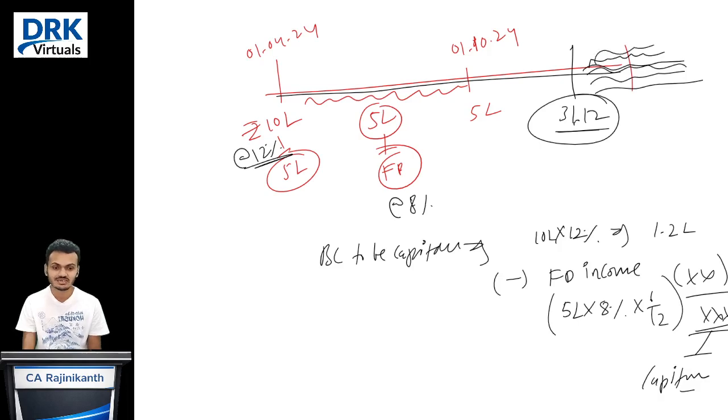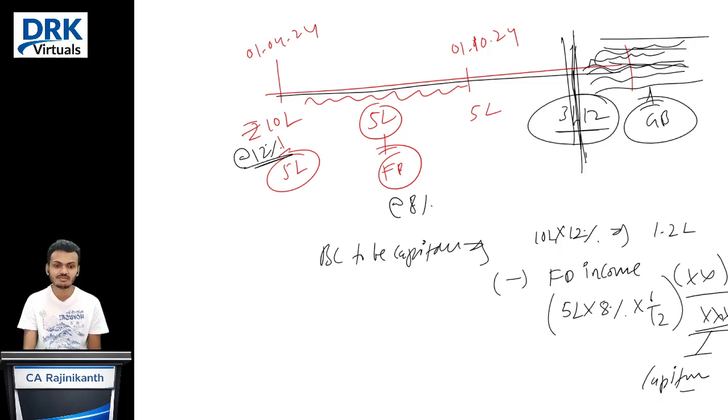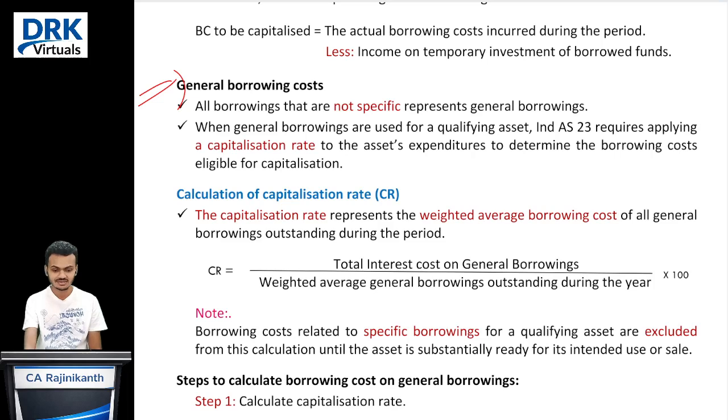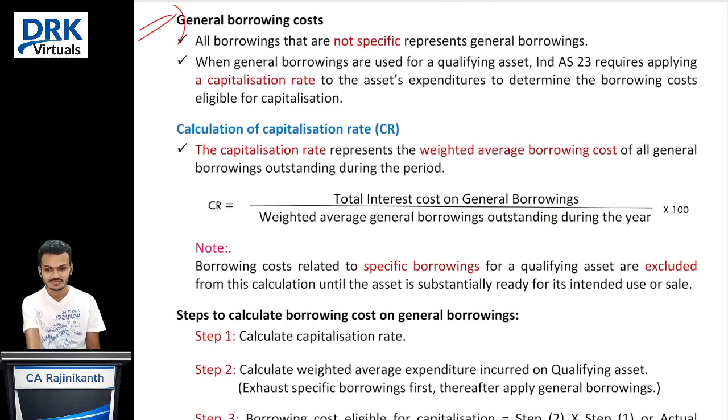So that specific borrowing becomes general borrowing because our construction of the qualifying asset is completed on 31st December. Thereafter, it will be part of general borrowings, right? So how to calculate the interest in case of general borrowings? Let's see the theory first. After that, discuss with numbers. We will get clarity, okay?